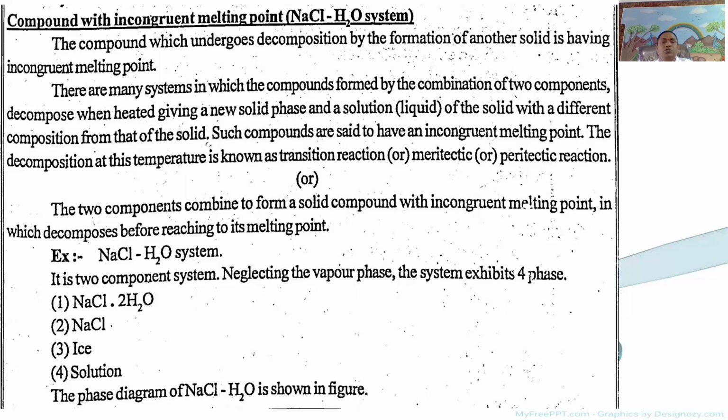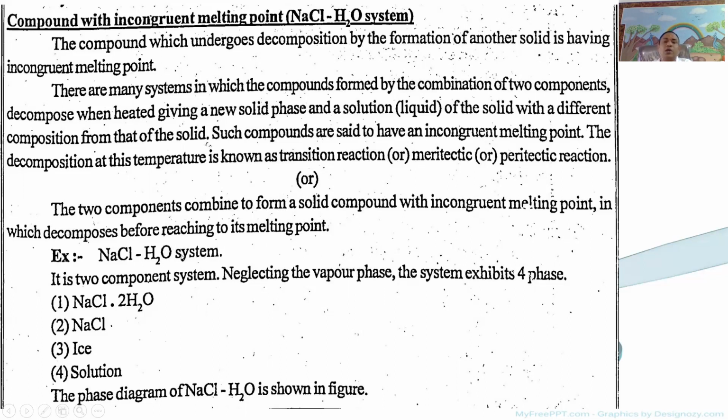The decomposition at this temperature is known as transition reaction or meritectic or peritectic reaction. The two components combine to form a solid compound with incongruent melting point, which decomposes before reaching its melting point. Example, sodium chloride water system.